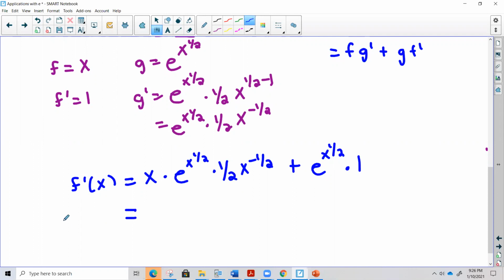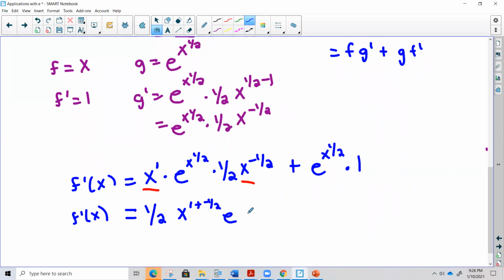So now I'm going to simplify. Okay, so I'm going to bring the 1/2 out front. Because I'm multiplying and I have two things with the same base of x, I can add the exponents. So if I just write it out, this is a 1 if we don't write it. So it would be 1 plus negative 1/2.